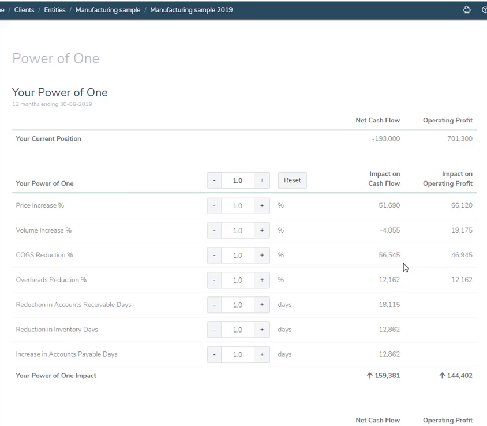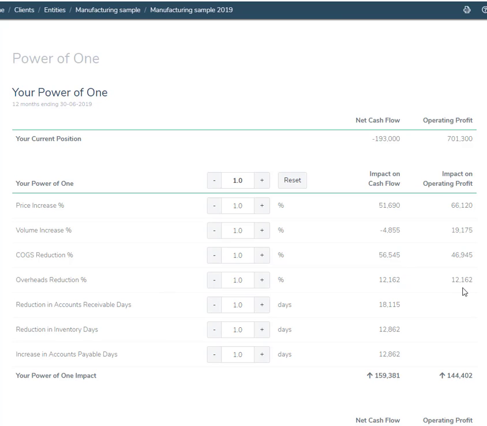Let's just look at what the current costs of goods sold are, and how we can make a more efficient process that will reduce that. The reason that the cash flow has increased more than profit is because we don't have to spend as much time funding those cost of goods, because we're not buying as much, or it's not sitting on the floor as long.